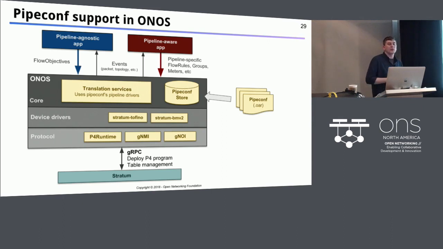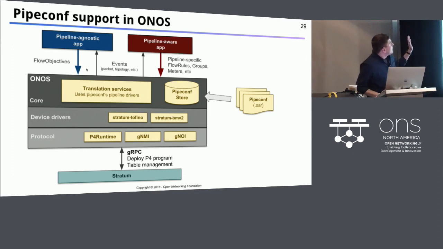If you're familiar with ONOS, you know that there are different flow programming APIs, such as flow rules and flow objectives. The flow rule API is essentially an API that allows you to write and read state from a specific table, assuming that you know your pipeline. The flow objective API instead is a pipeline-agnostic API. It represents a canonical API that can be used for standard functionalities like layer 2, layer 3 routing with ECMP and things like that.